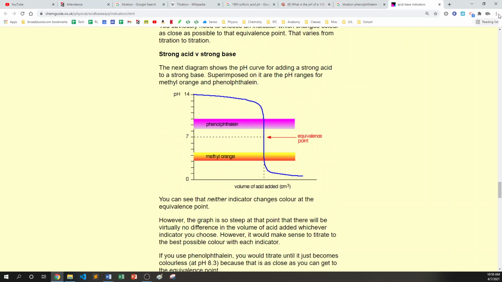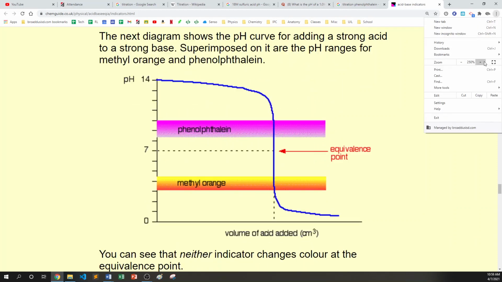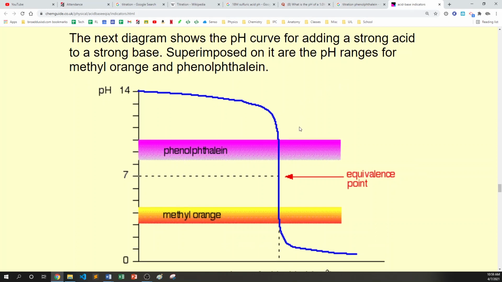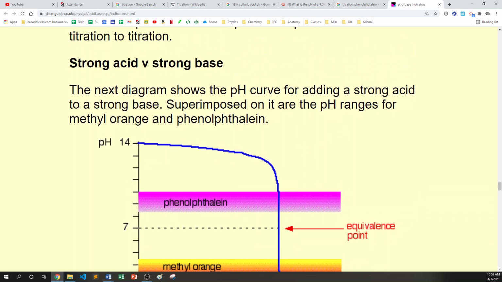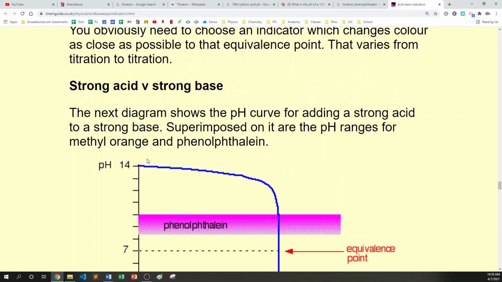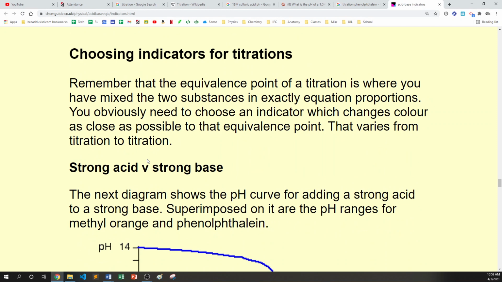Alright. Phenolphthalein is a chemical we use a lot when dealing with a strong acid, strong base. Between 8.3, I believe it is. Let me just Google this. I need to get this precise number. It's a very precise number.